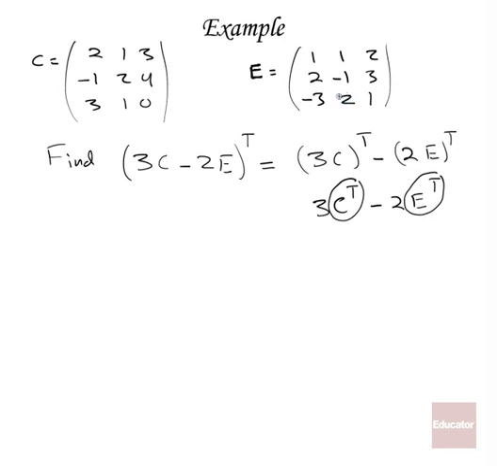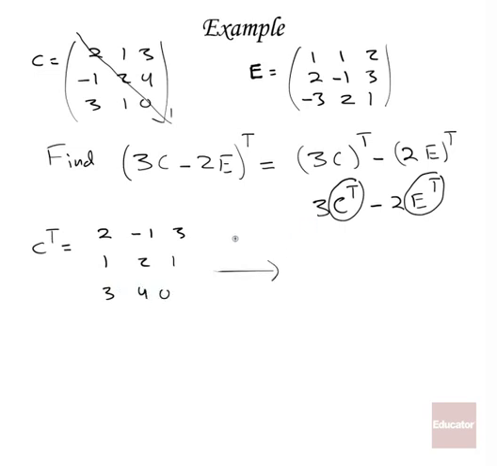So C transpose, again, we are flipping it along the main diagonal, so we'll end up with 2, negative 1, 3, 1, 2, 1, and then 3, 4, 0, right?